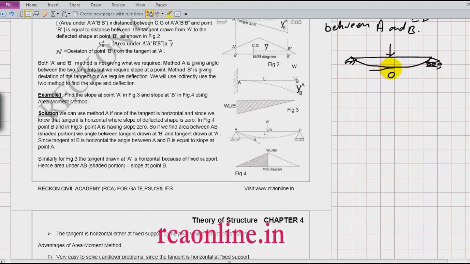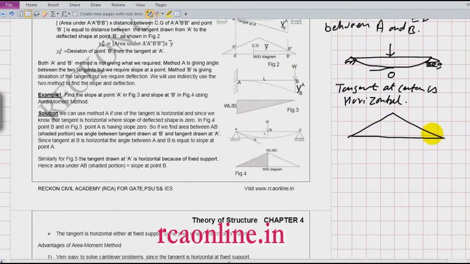It means that the tangent at the center is horizontal. Now if I draw its bending moment diagram, then what will I get? The bending moment diagram will be something like that. If this is L by 2, and this is W, then this will be WL by 4.